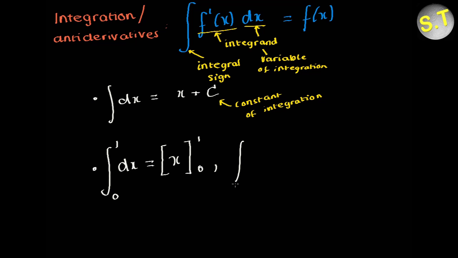So this is the same thing as saying x equals 0 and x equals 1. Which is also sometimes depicted in this sense, with a straight line at the end.